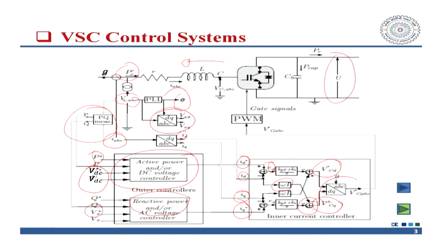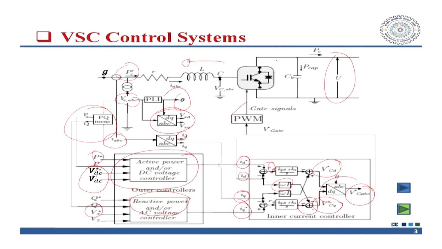So, you get theta, and this theta will be fed again into the DQ to ABC block. From there, you will generate the control signals for the PWM. We have already discussed PWM in our discussions. So, different kinds of PWM techniques can be applied depending on the level of the inverter, and then it will trigger these devices.